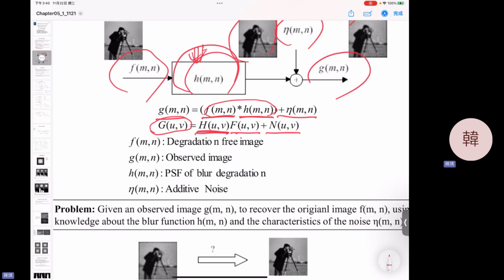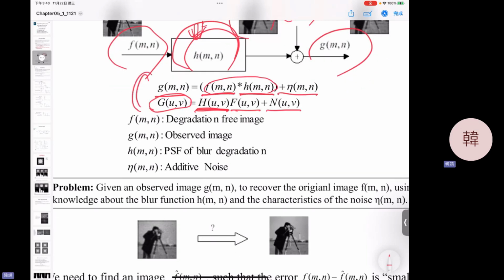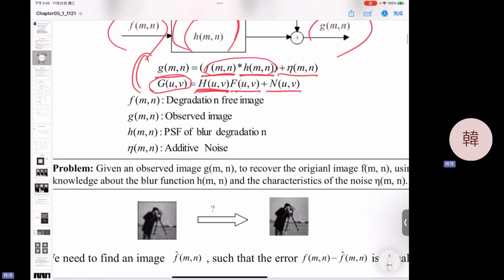So in the spatial domain and the frequency domain, you have these two standard restoration models, the image degradation model. And we say this h(m,n) is a point spread function that blurs the original image, the degradation. PSF is the point spread function.